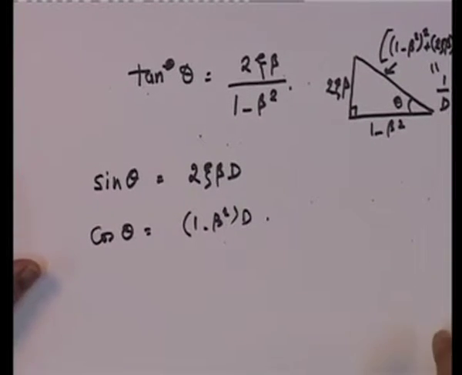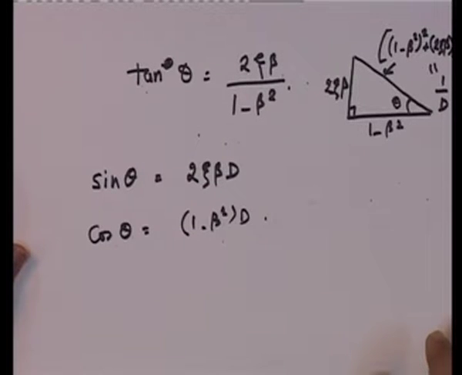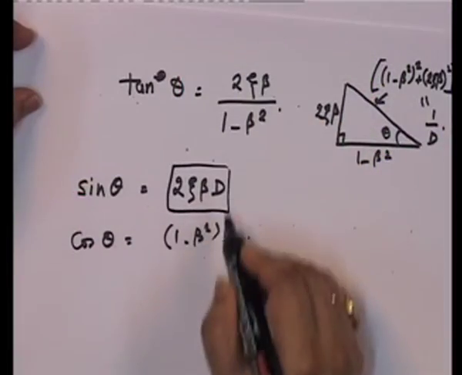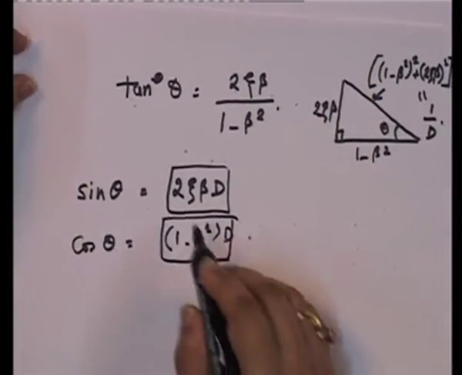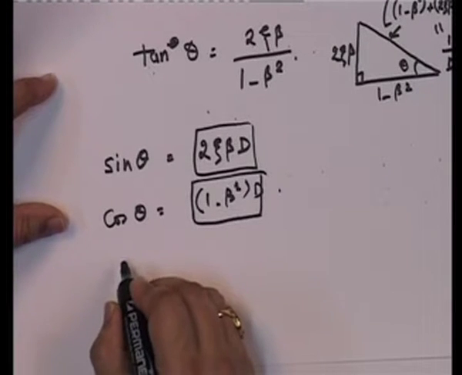So, if we substitute this back into those equations, what happens? What we see is the following. I am going to substitute these into sine omega bar t minus theta.